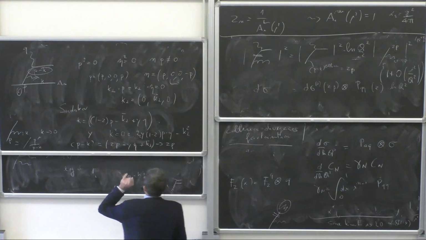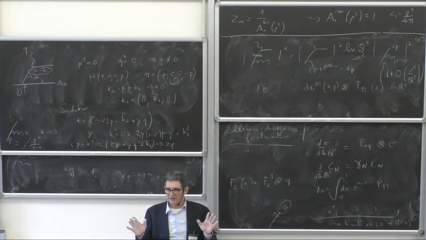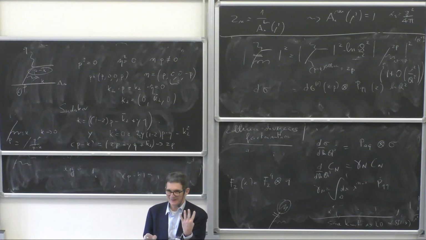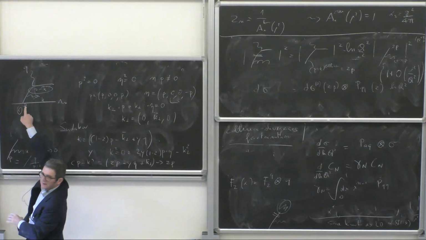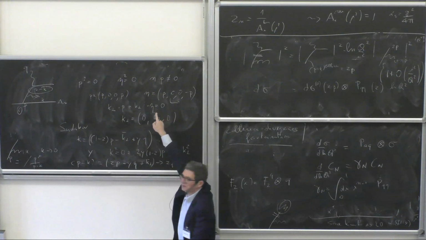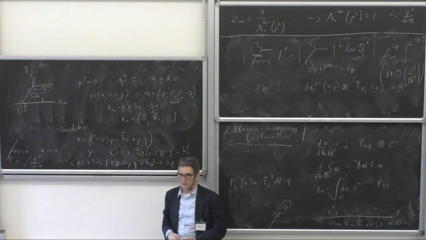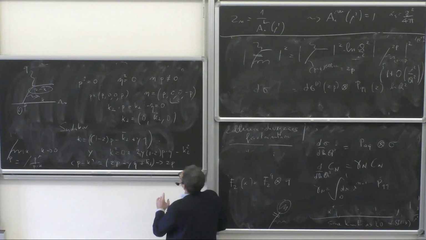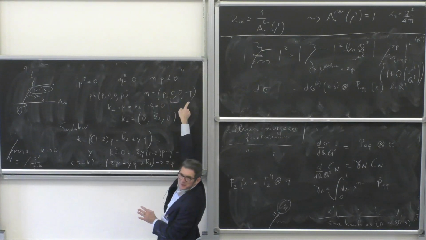Okay, so what I'm doing here is I'm decomposing any 4 vector into a basis of 4 basis vectors, okay? So the 4 basis vectors I choose are P, which was a light-like vector, another light-like vector, eta, which has the property of having a non-zero scalar product with respect to P. So if you want to fix your mind, you can think of (P, 0, 0, P) and (P, 0, 0, -P), okay?